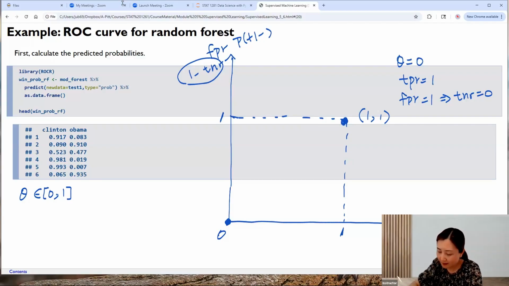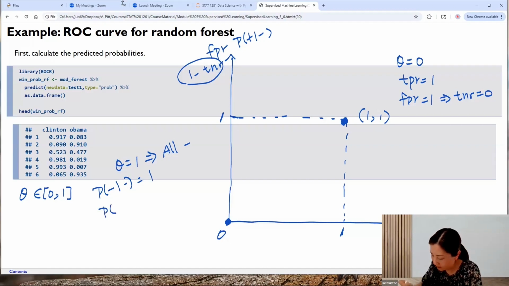Now consider another case, if theta is equal to 1. In this case, all the predicted values will be negative. Consequently, probability of negative given negative will be 1. Let's consider the positive case only, because the two values in the ROC curve are all about positive.